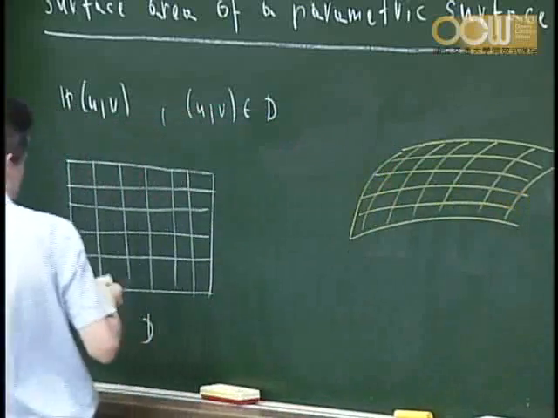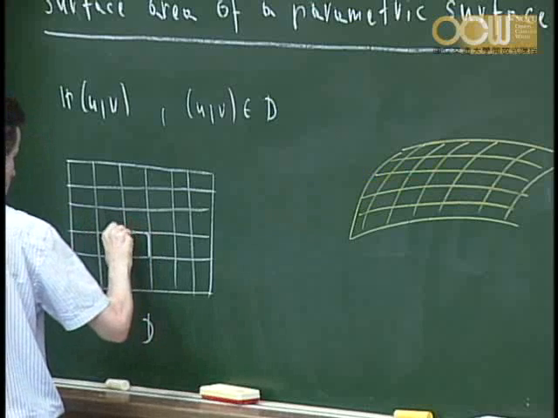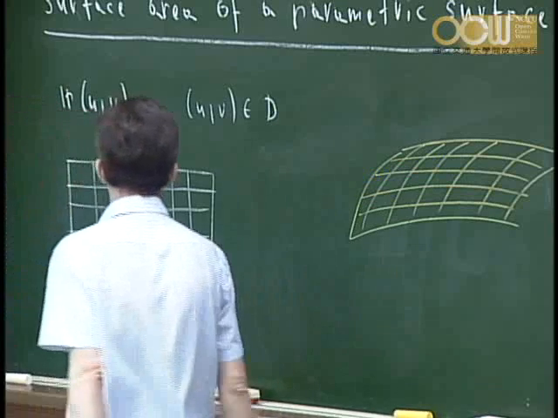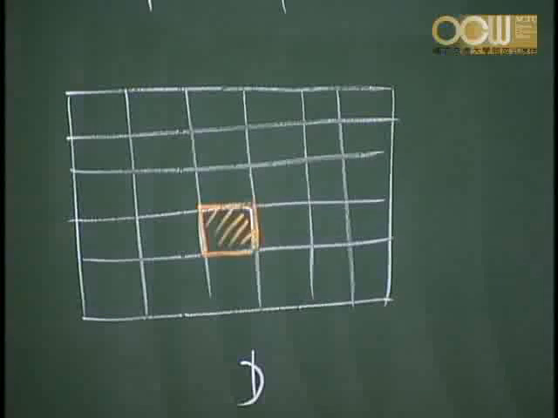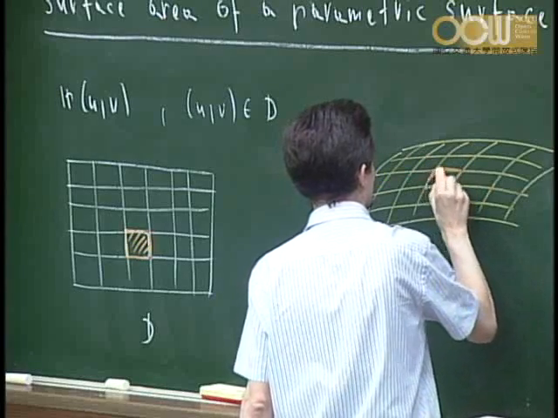If you take this subrectangle here, it corresponds to some part on the parametric surface.